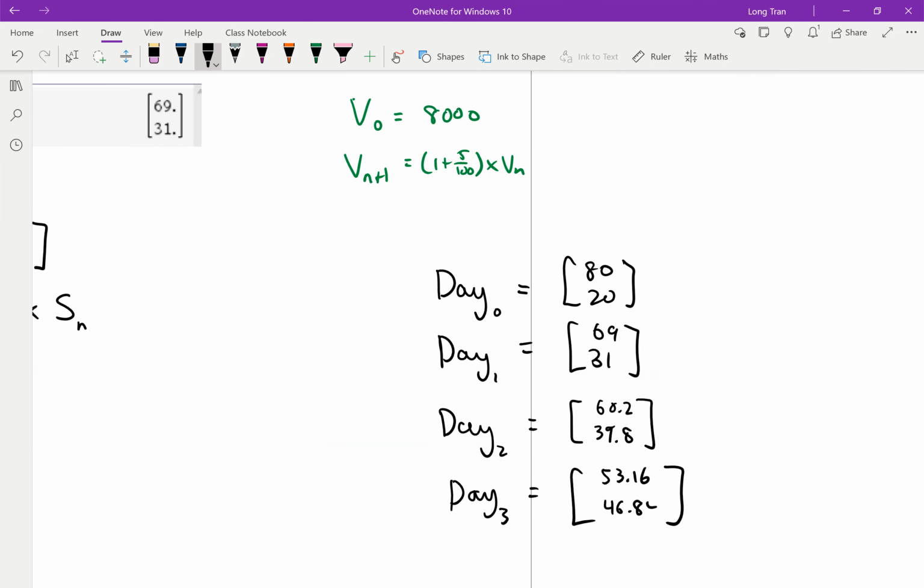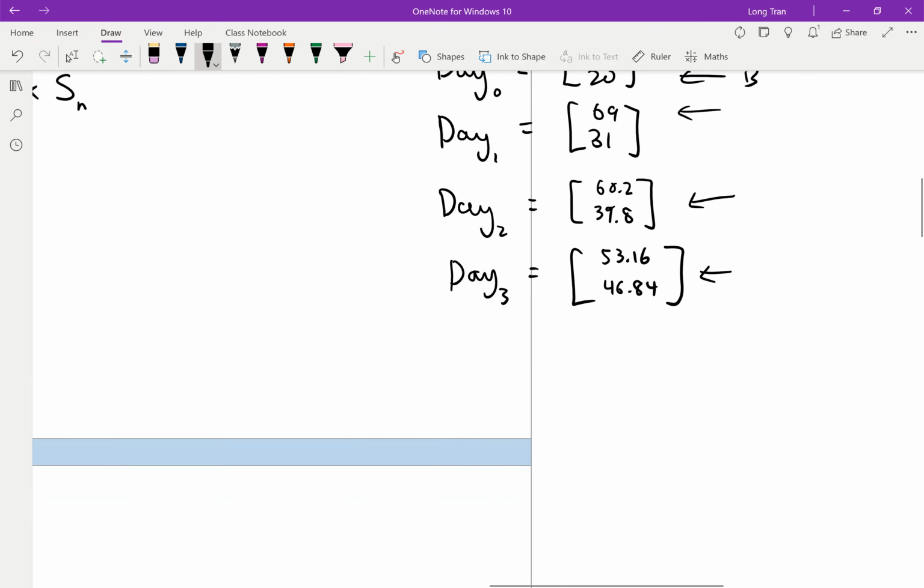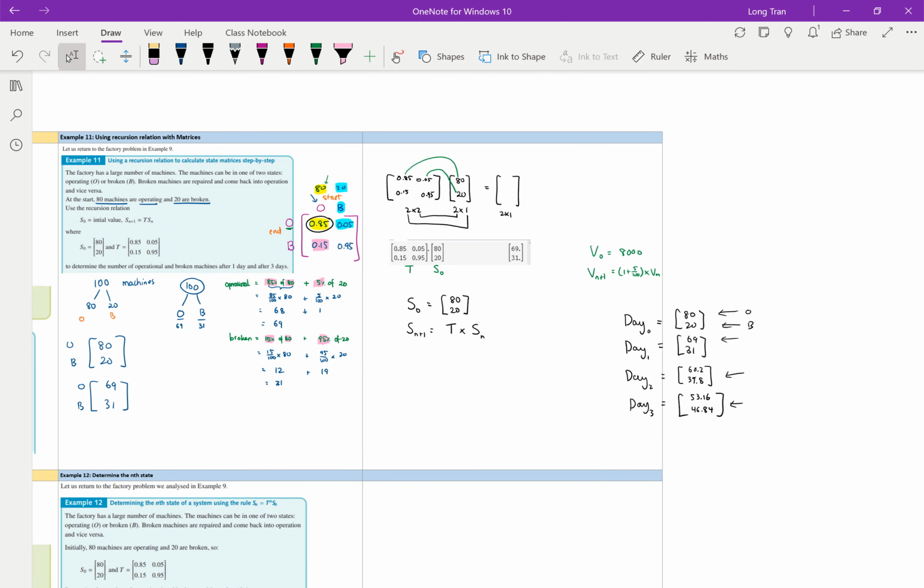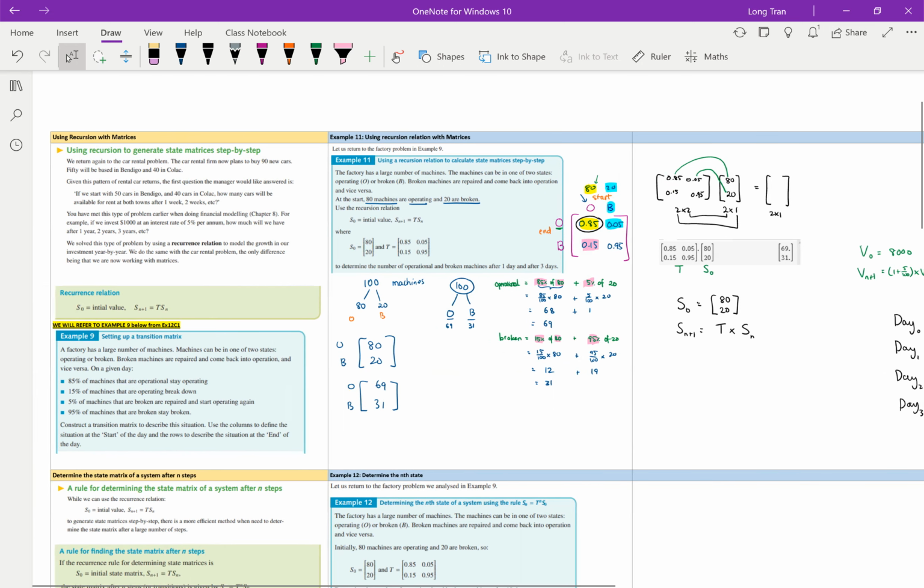So what I'm doing here is, you can see I started off with 80 operational, 20 broken, but by the percentages, we can calculate day 1, day 2, day 3, and day 4 recursively. This is the first part that I'm teaching you, how to do it recursively.